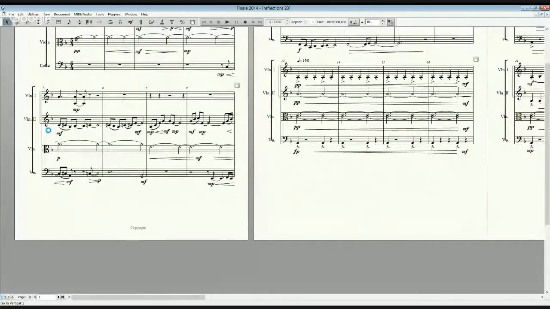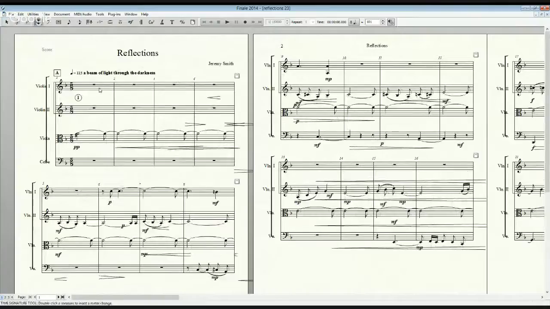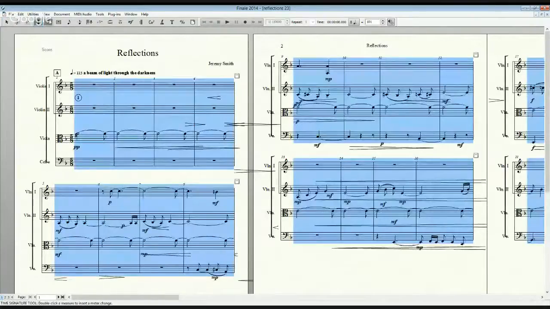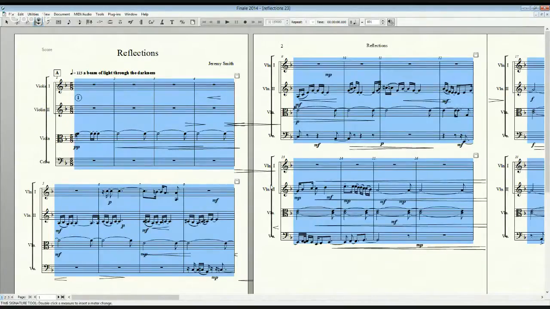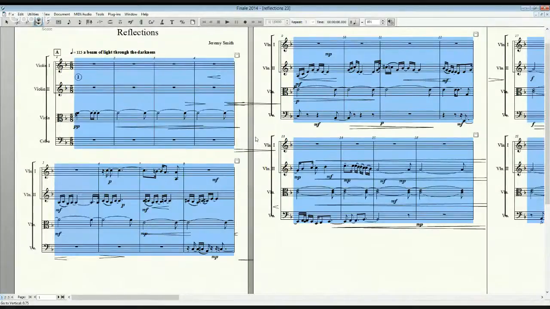Let's see. Okay. Maybe I can do it in reverse. Meter 5/8. Change note durations by 50%. No. Okay.